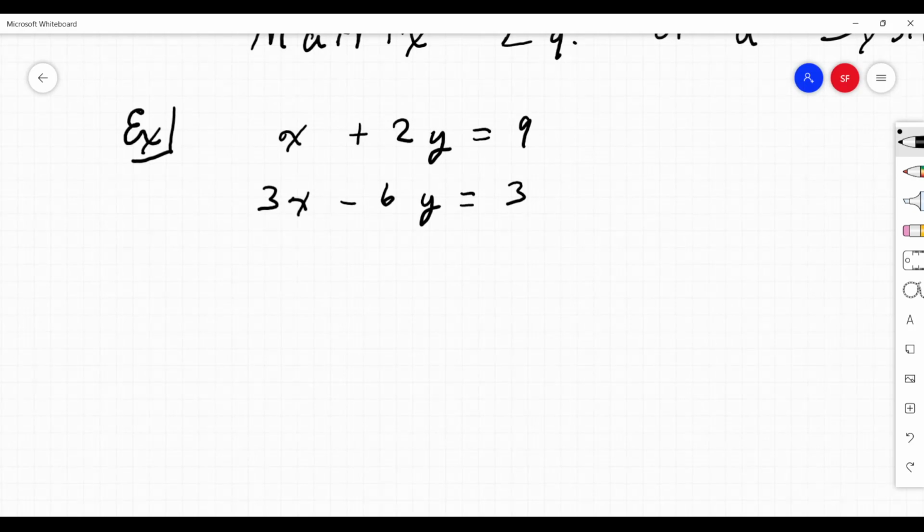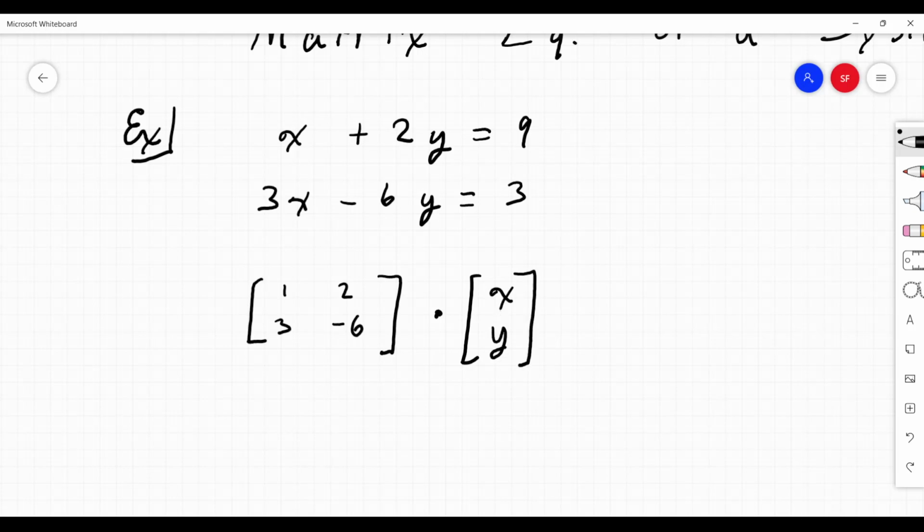Pay close attention. The matrix 1, 2, 3, negative 6 times the column matrix x, y equals the column matrix 9, 3. Questions? Does that make sense?